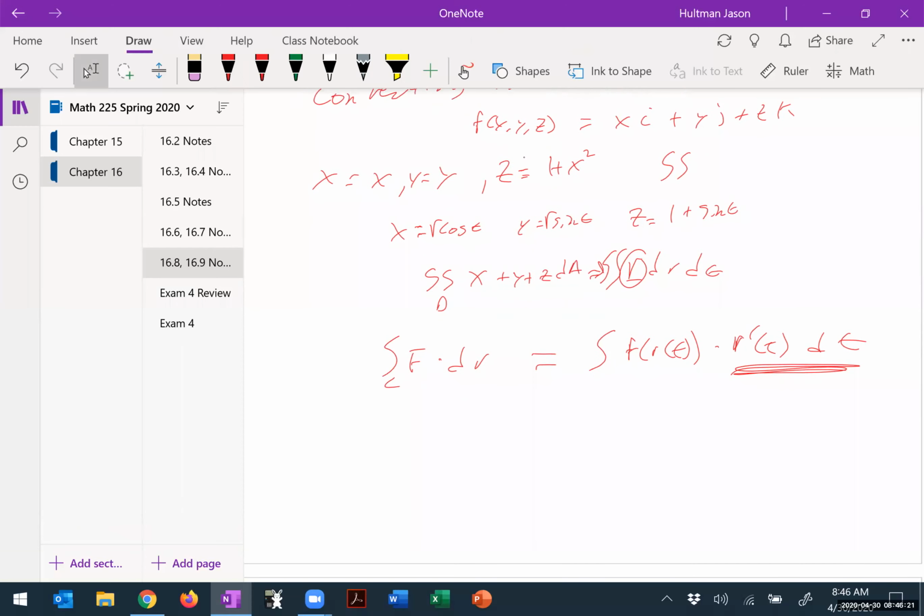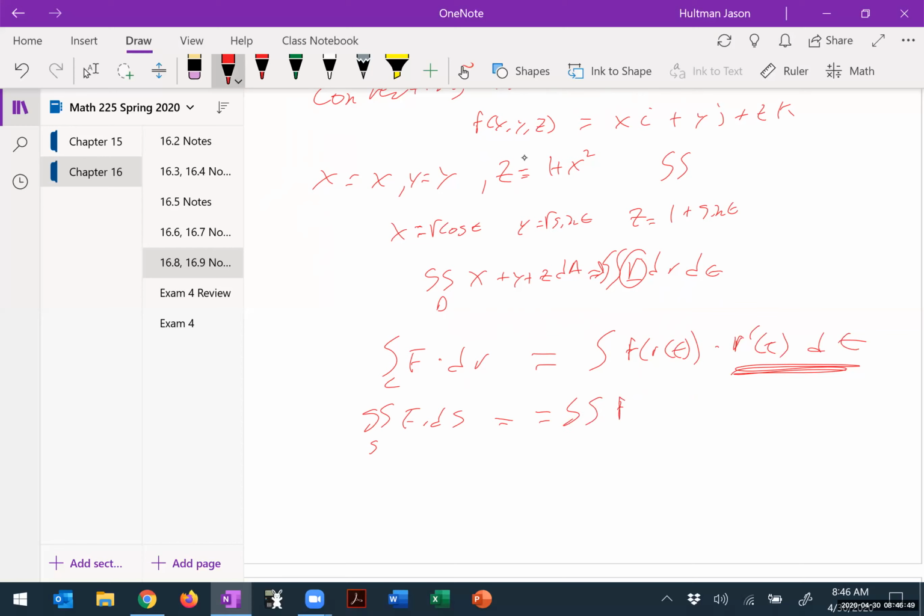Again, if we do, instead of a line integral, we parameterize a surface integral, F dot dS, we're going to parameterize this thing. So how did we parameterize that?